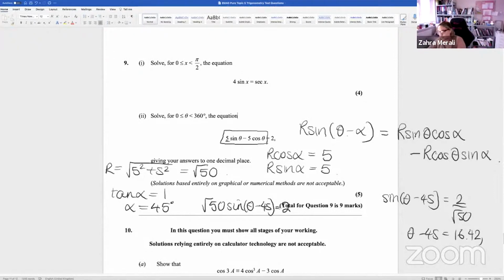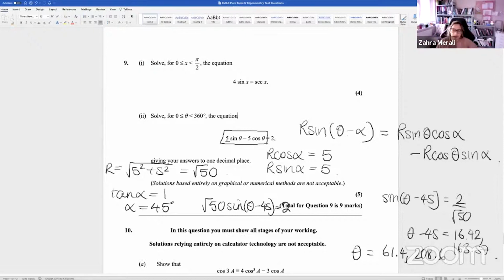Next solution is 180 minus answer, so 163.57. And then I'm going to add 45 to both of those. So plus 45. And how many decimal places? 1 decimal place. So I end up with 61.4 and 208.6.